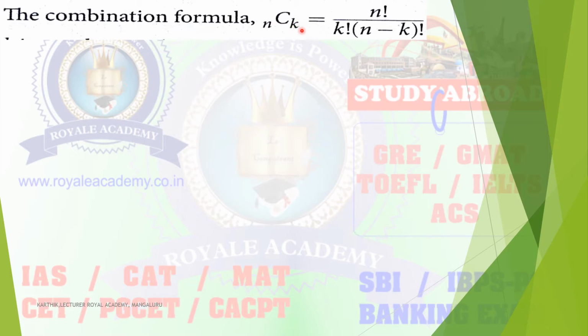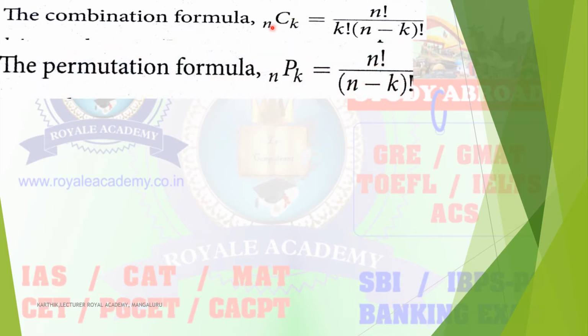Next, k is how many you want in the combination, 2 wire combination or 3 wire combination, whichever you want. So the formula is n factorial divided by k factorial times (n minus k) factorial. This is the combination formula. You just remember this formula.